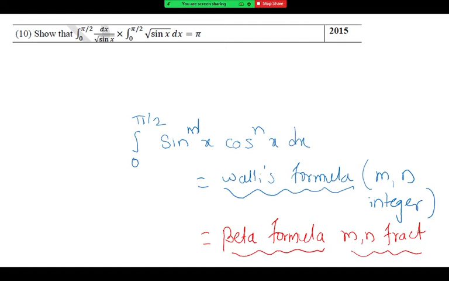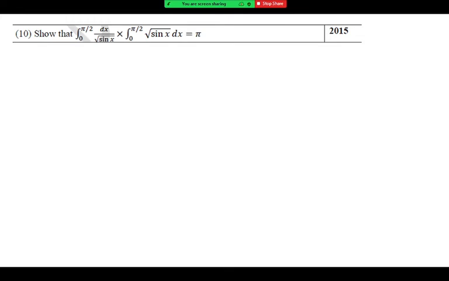So let me see this question. Here we have the limits 0 to pi by 2, and sine and cosine have fractional powers. So I will write the LHS.